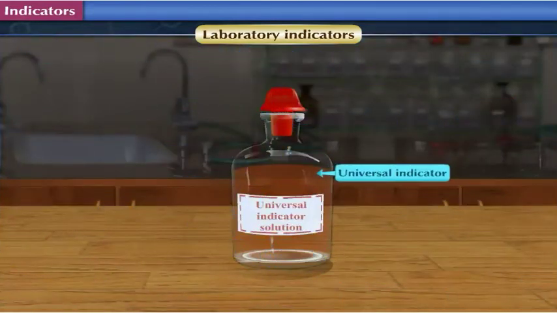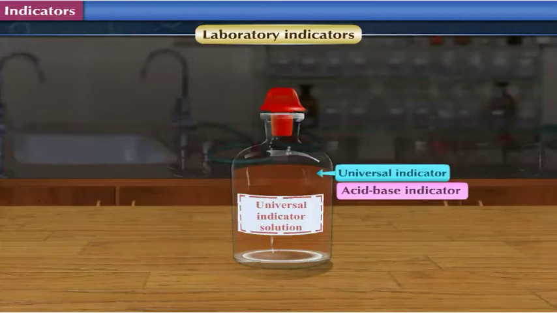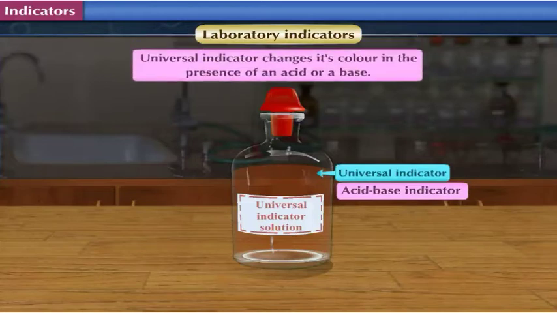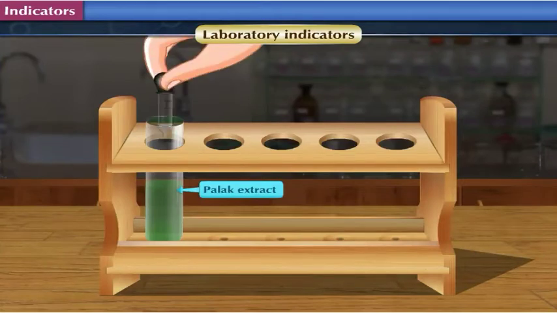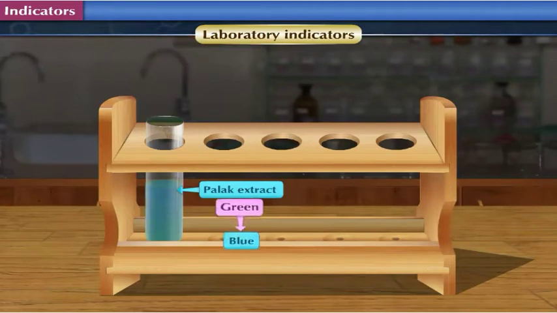Universal indicator is one more type of acid-base indicator which is in the liquid state. It changes its color in the presence of an acid or a base. For example, originally palak extract is green in color, but after the addition of universal indicator, green color turns into blue color.